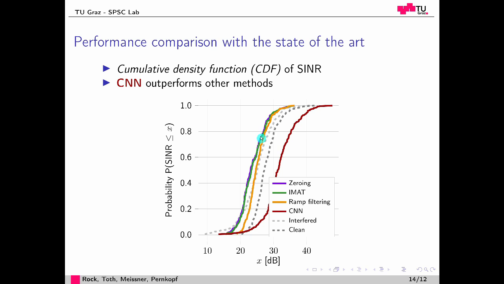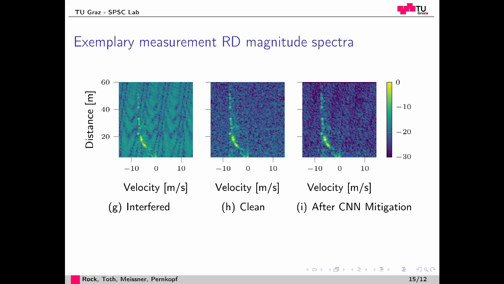But the CNN-based model increases the SINR independent of the level of interference of the samples. Also, it even increases the SINR in comparison to the clean SINR values, which means that it performs some additional denoising on the measurement data. Here we have an exemplary measurement range Doppler magnitude spectra.